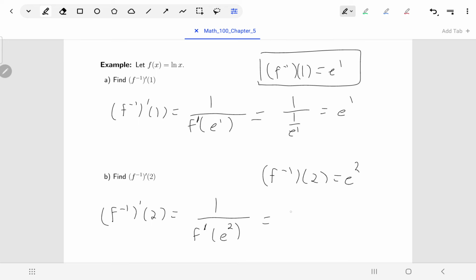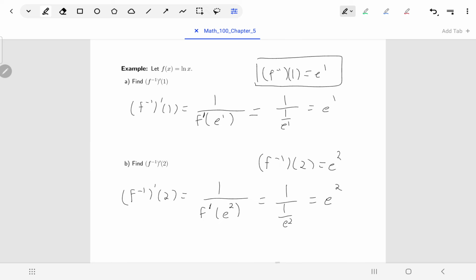The derivative of f is 1 over x, so I'd have 1 over 1 over e squared, which is e squared. At this point, hopefully you're noticing the pattern that for whatever number we have, the derivative is e to whatever that number is.